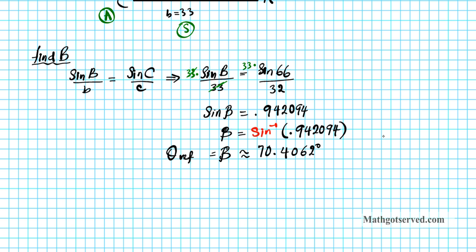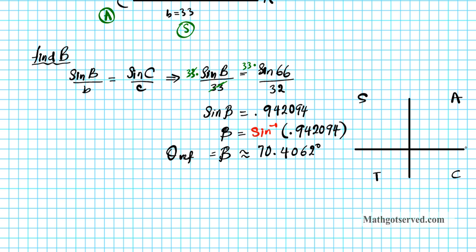Okay, so what are the two angles that satisfy the measure? Well, since this is a reference angle, we know that the angular measures of a triangle can only be positive. So we are going to look at the quadrants where sine is positive and is still within a reasonable value for the angles of a triangle. Okay, so we know that all students take calculus. These are four quadrants.